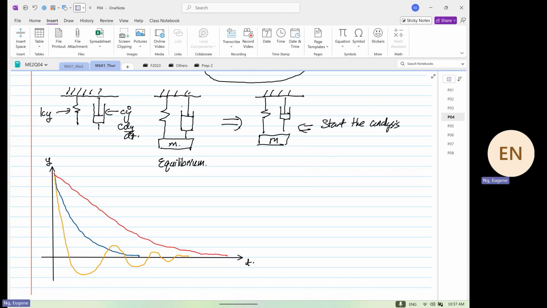Now, so they saw a response like this. What is the common response of these three graphs? Mathematically, yes, no time. It's a damped mechanical system. Right.